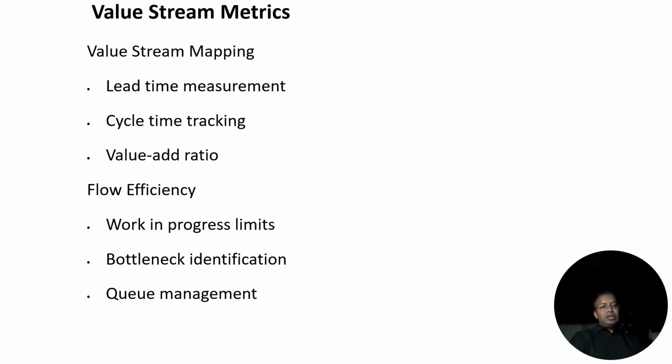How does it work? With value stream metrics, we identify the process to improve. That's the job of an agile leader. He has to identify a process that has to be improved. An agile leader is also responsible for defining the process's scope and objectives. So she is also in charge of mapping the current state of the process, figuring out how the process is panning out right now.